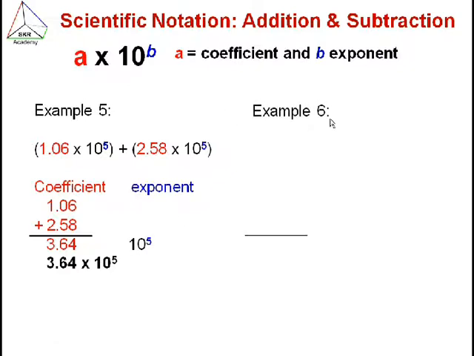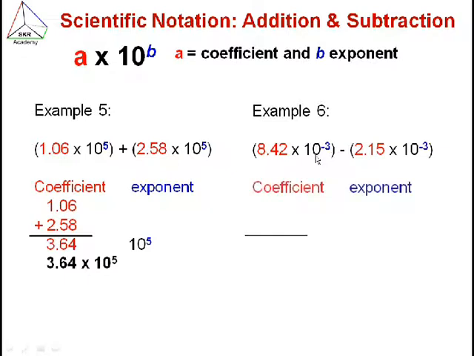Let's take another example where we are going to subtract 2.15 times 10 raised to the power 3 from 8.42 times 10 raised to the power 3. Here also I chose the same power of 10 on both sides, so both values have a common exponent.